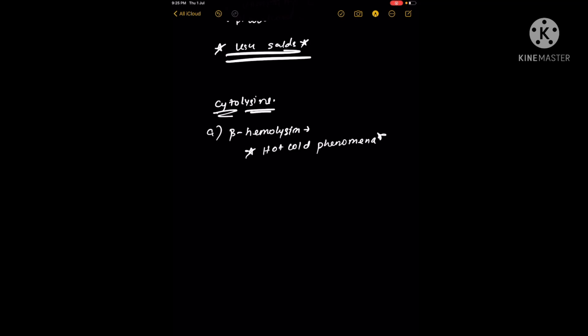What does that mean? Hot means it causes hemolysis at 37 centigrade, but this hemolysis is visible only at 4 degrees. That means in cool conditions it's visible.